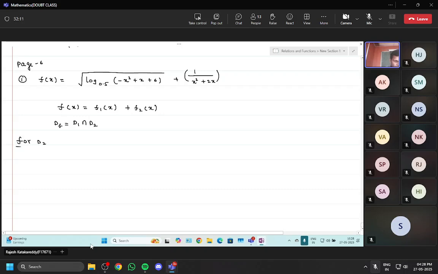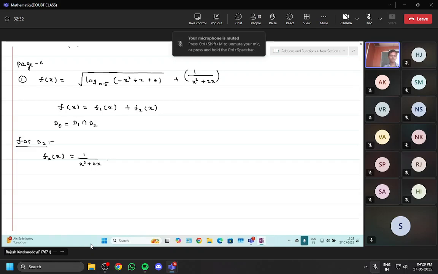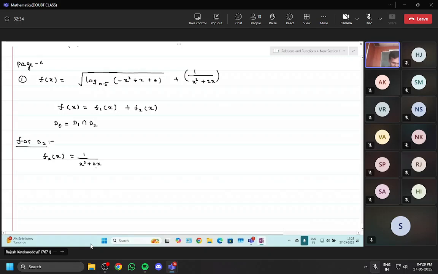For domain d2, the given function is f2 of x is equal to 1 by x square plus 2x. This is not a difficult thing, right? It is a reciprocal of a quadratic function. A quadratic function is defined for all real values of x, so there is no restriction for x square plus 2x.